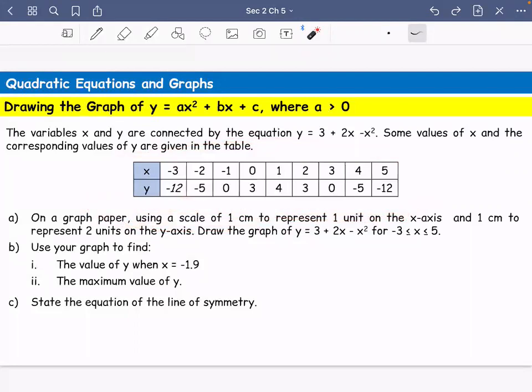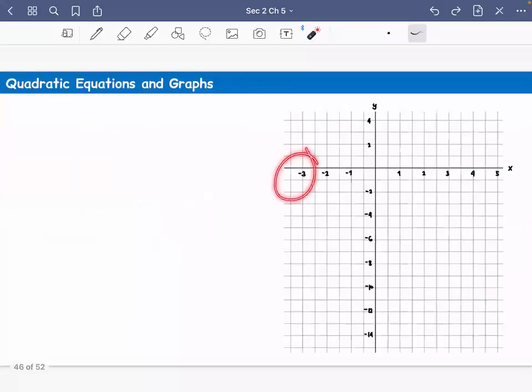Right away on letter A, we need to graph this table. Your x-axis should have numbers starting from -3 up to +5.